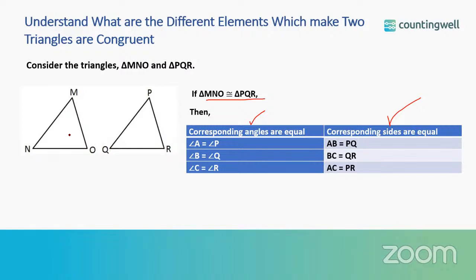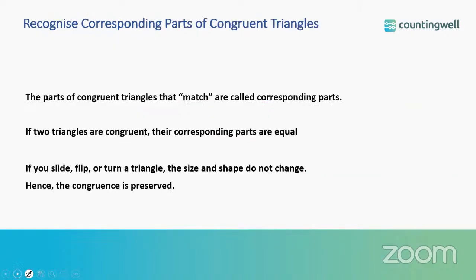So angle M should be equal to angle P, angle N equal to angle Q, angle O equal to angle R, and corresponding sides should also be equal. The parts of the congruent triangles that match are called the corresponding parts.